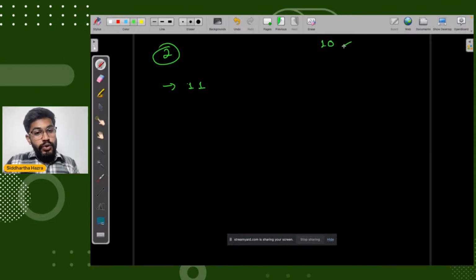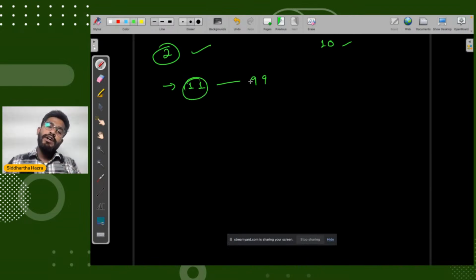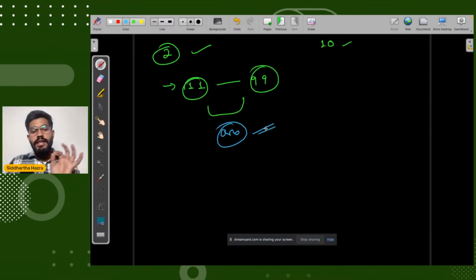Because it is told that each of the digits would be from 1 to 9, not 0. So 1 1 till the value 99. We have all the numbers which are of 2 digits. Then we would iterate from 1 1 to 99, and then we would pick all the numbers which give me the answer, like they would contain c or d in their sum.